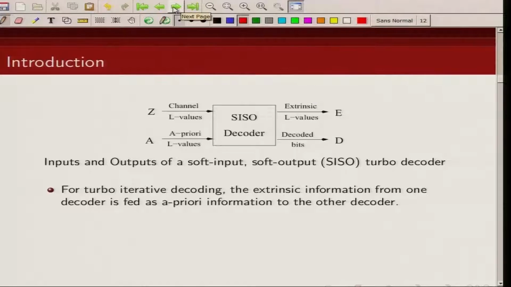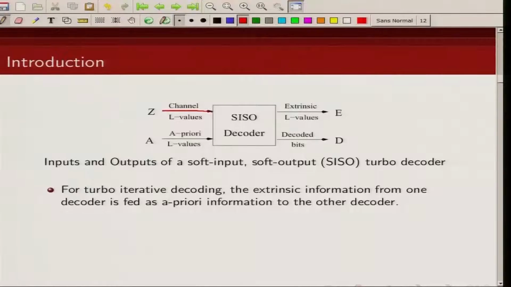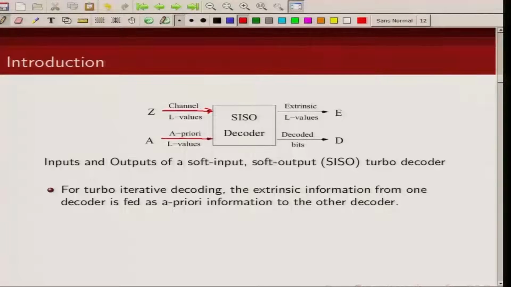Before we study the convergence of turbo code, let us pay close attention to the basic block diagram of our turbo decoder. The heart of a turbo decoder is a soft input, soft output decoder, and if you recall, this decoder takes as input the channel received values corresponding to the information and parity bits, and the a priori value which it receives from the other decoder, which are the extrinsic values passed on to it.